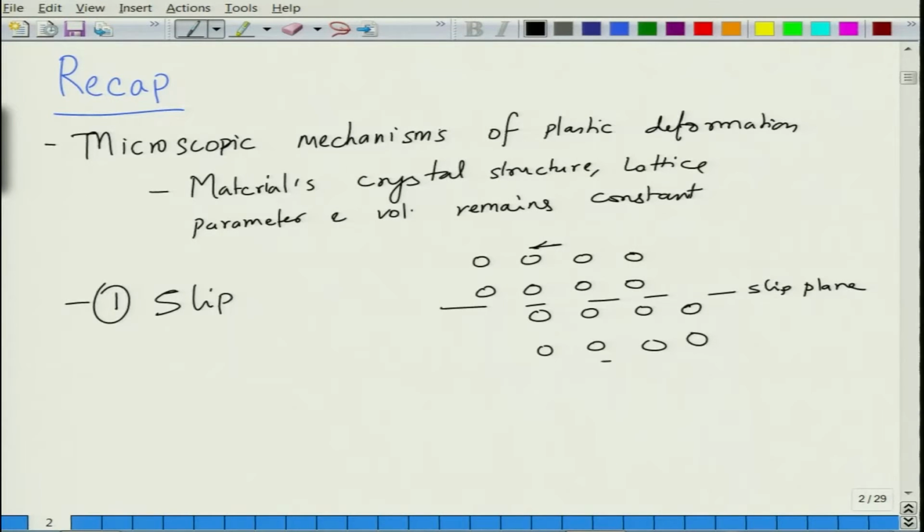This happens on certain planes called slip planes, and along certain atomic directions called slip directions, and we will see details of this in today's lecture.